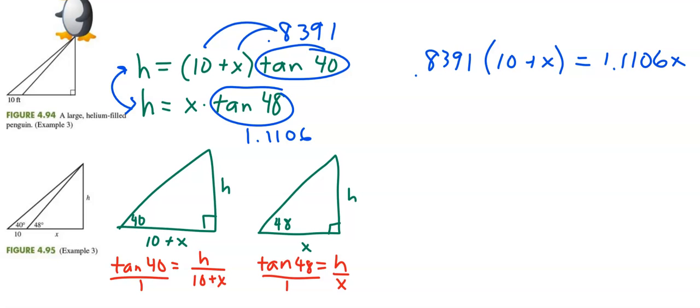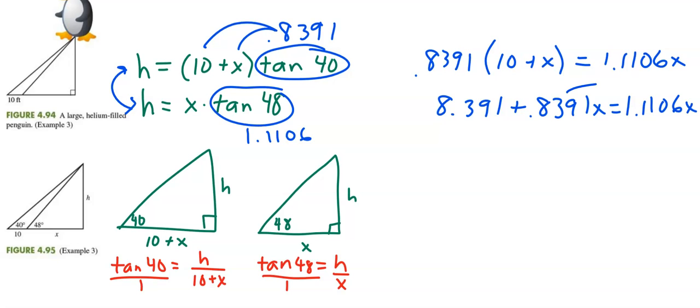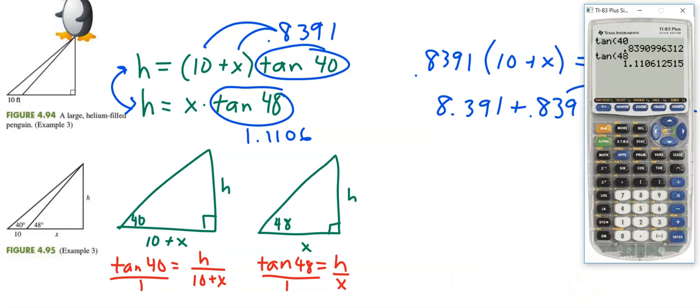Now I'm going to distribute. That's 8.391 plus 0.8391x equals 1.1106x. And of course I'm going to subtract that to the other side. 1.1106 minus 0.8391 equals 0.2715.